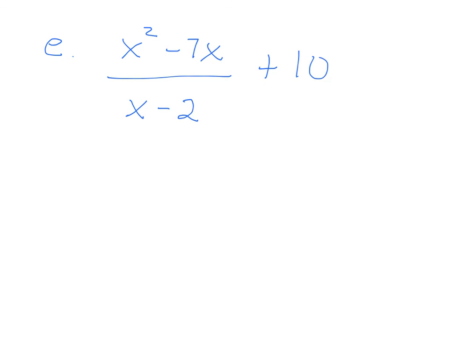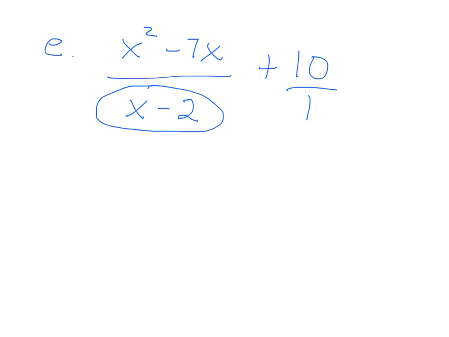So here's the last example, E. X squared minus 7x all over x minus 2, plus 10. Okay, so we need a common denominator, and the only denominator here of interest is x minus 2. And you're like, well, 10 doesn't have a denominator.